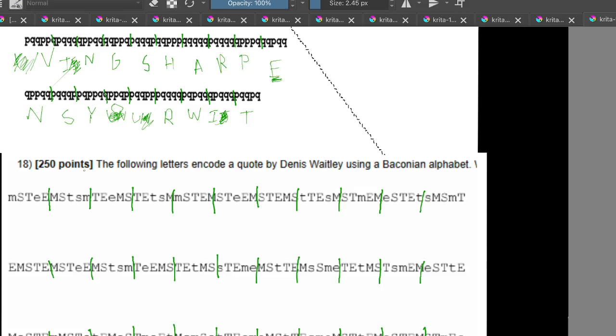Or they could be an upper and lowercase combination. I personally think this one's upper and lowercase because that one's easier to eliminate if it is, and I don't want to commit to the harder version, which is 2 letters being A and 2 letters being B, because that's hard to figure out which ones are A and B.